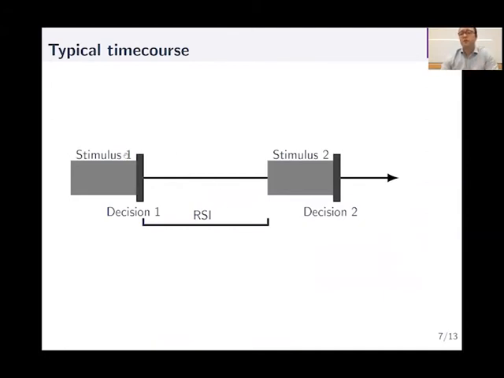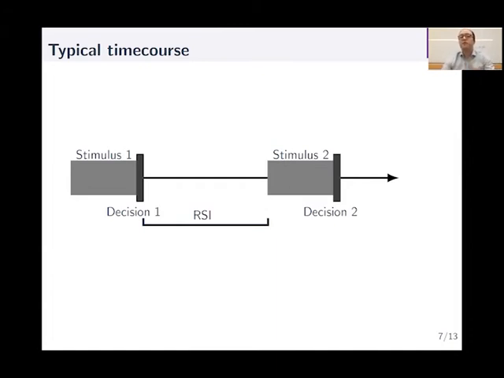You look at the first stimulus, you perform your first decision, and then after some waiting time, you are going to see a second stimulus, and you are going to perform a second decision, and so on and so on. But that means that for the attractor model, you need a way to relax between the first decision and the presentation of the second stimulus. Otherwise, you will be stuck in the previous attractor corresponding to the previous decision.